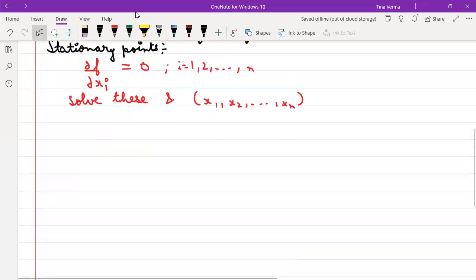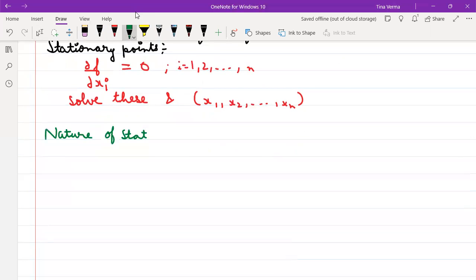So how do you say whether this stationary point which you have evaluated is a minimum, a maximum, or a saddle point?